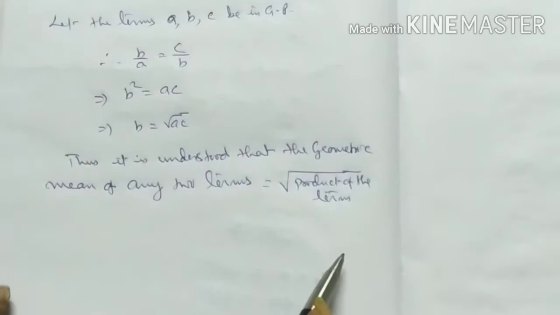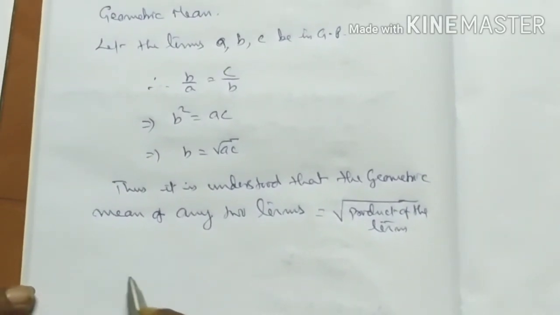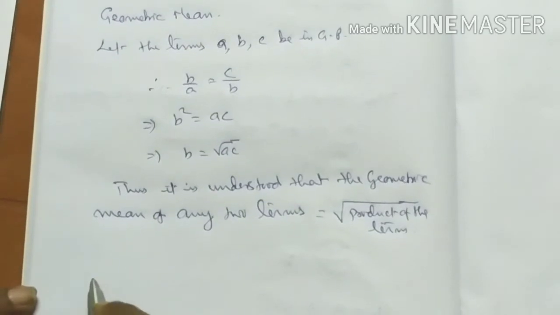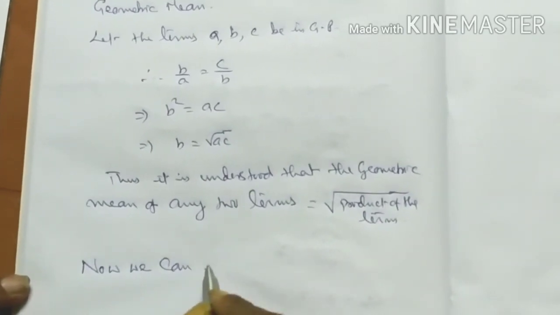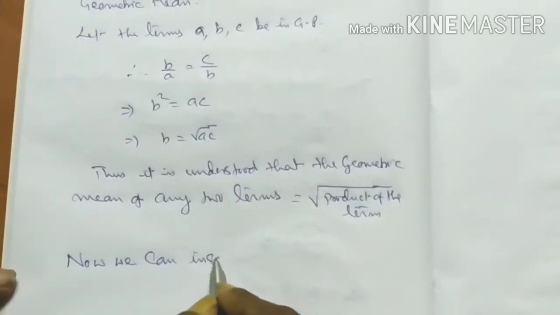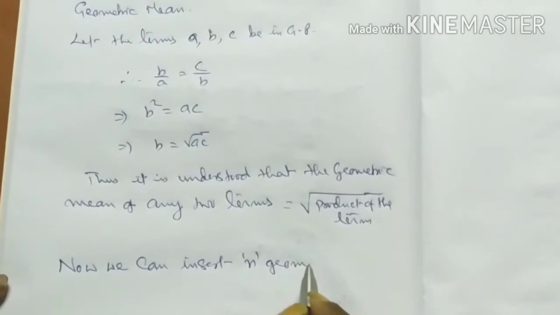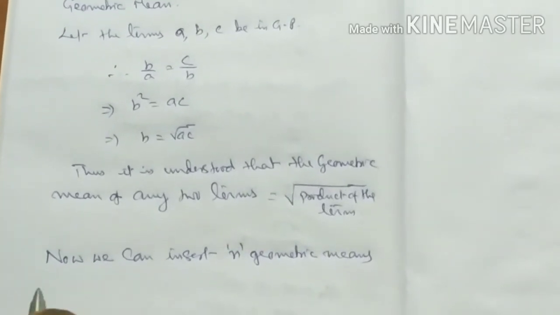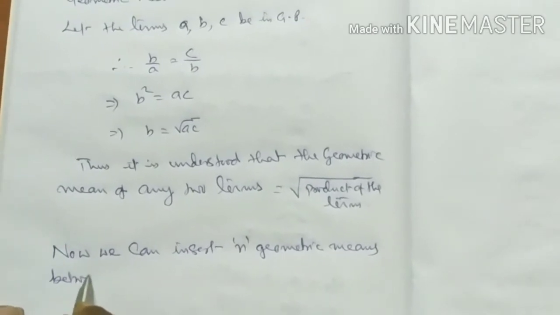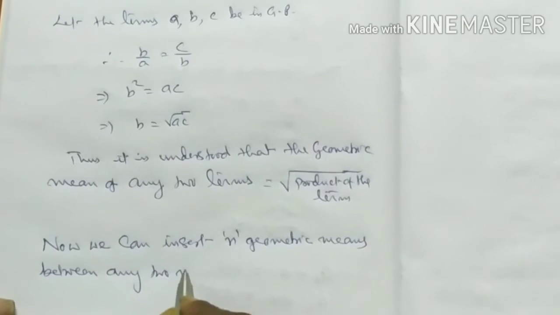Now, we can insert n geometric means between any two numbers.